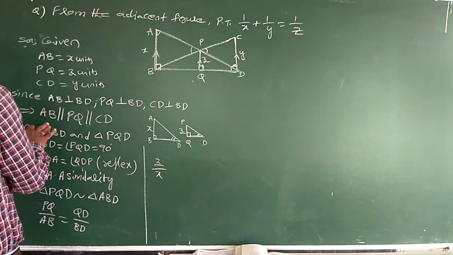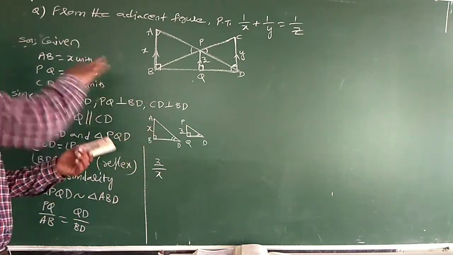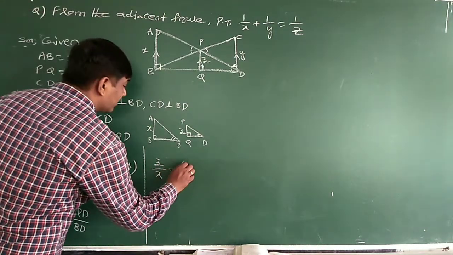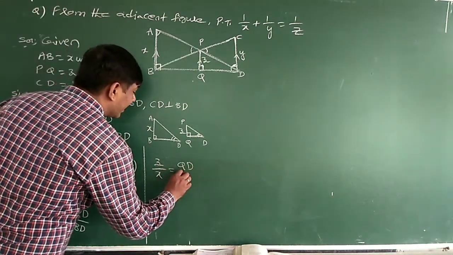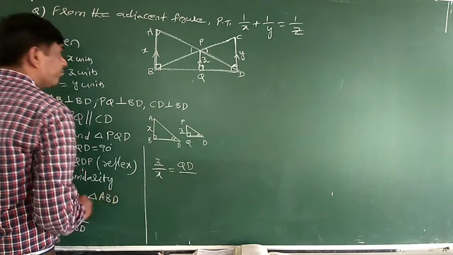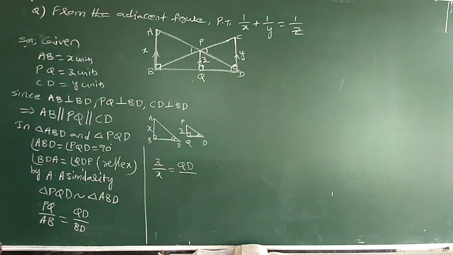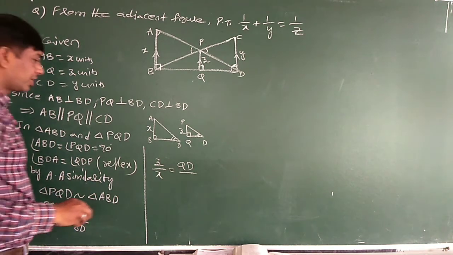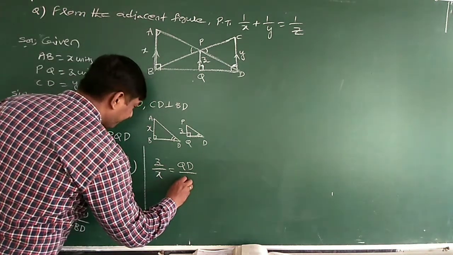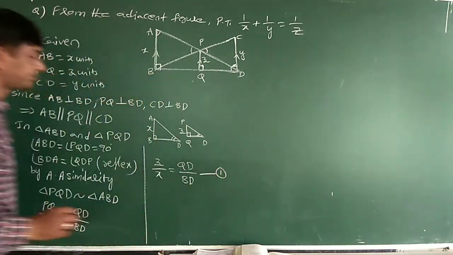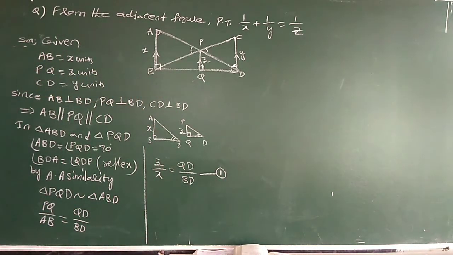If I take the bigger triangle first, it is X by Z; only thing is you need to take the reciprocal. That is equal to QD by BD. BD is nothing but BQ plus QD. I will call this Equation 1.